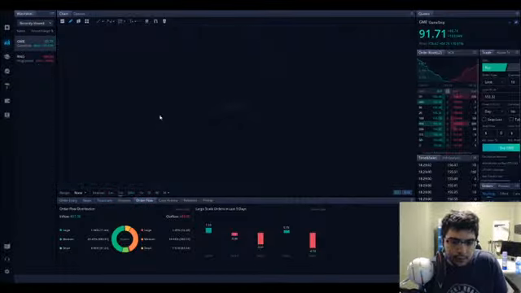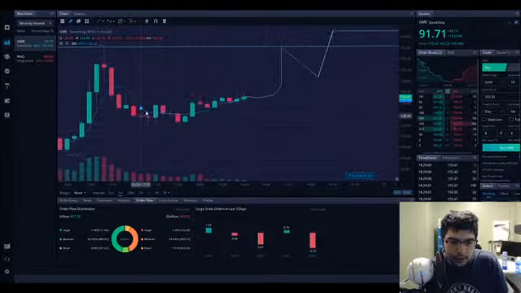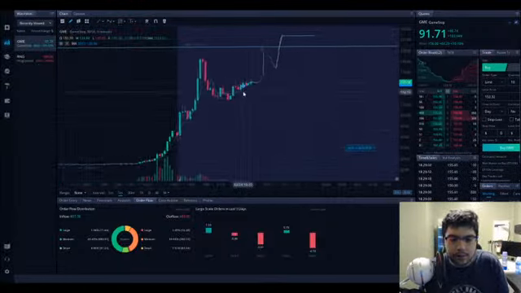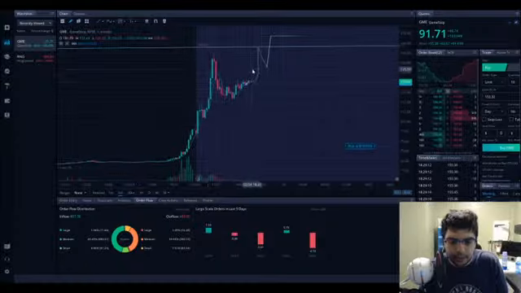Because in this case, we're just looking at the EMA. It is starting to lose the shape of a cup. However, it's still close enough.